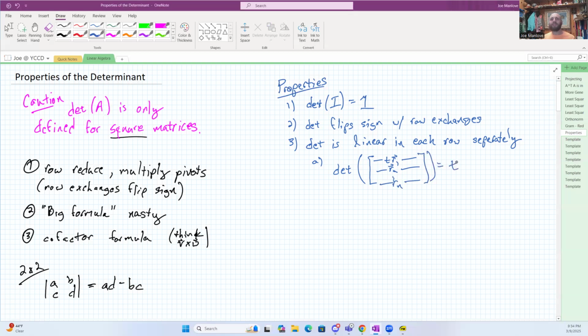This is going to be T times the determinant of this matrix, but without the T in it. So row one here, regular row one there, regular row two here, on down to regular row n at the bottom. So I can pull a T out of a row.